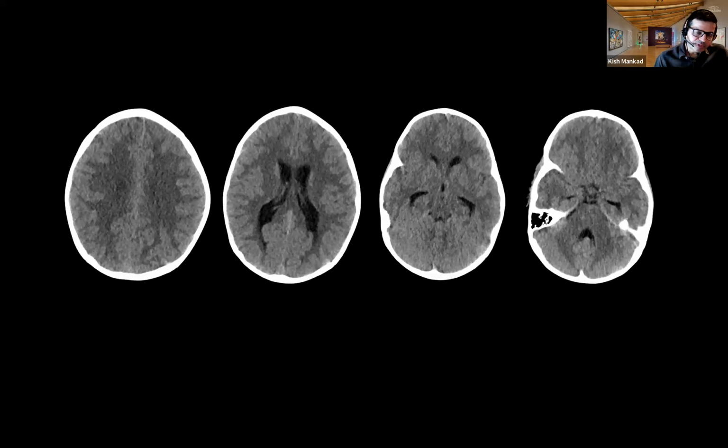The CT scan was done to assess the safety of lumbar puncture. So how many of you think, based on the appearances given here, that this is safe to proceed to lumbar puncture? One step before that, let me tell you what a CT scan shows.